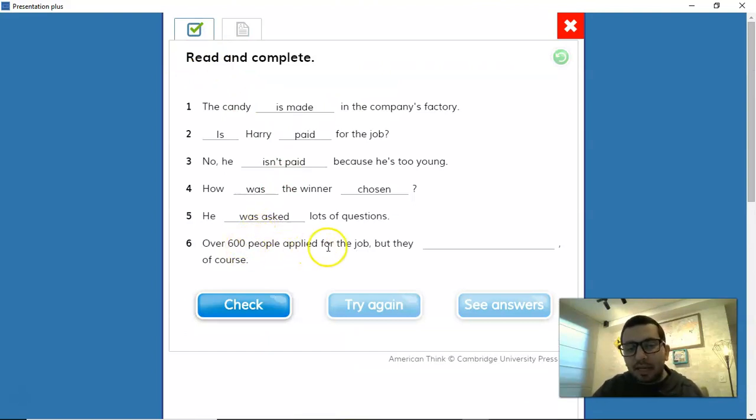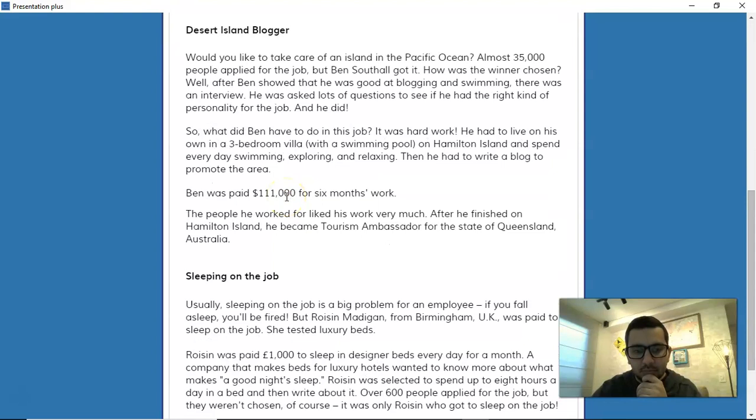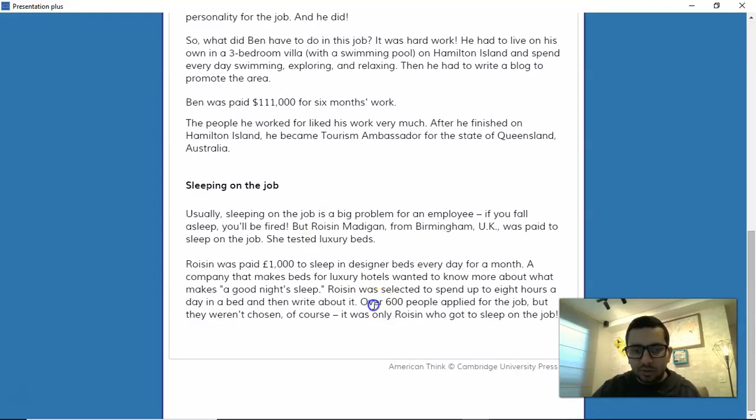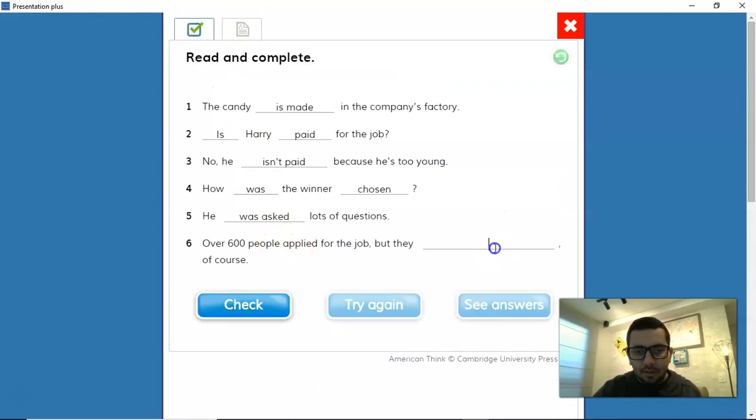Over 600 people applied for the job, but they... let's see. Over 600 people applied for the job, but they weren't chosen. Okay. They weren't chosen. Let's check. Oh, weren't chosen. I forgot chosen. Okay guys, this is very simple, just a beginning for us for activity 1.